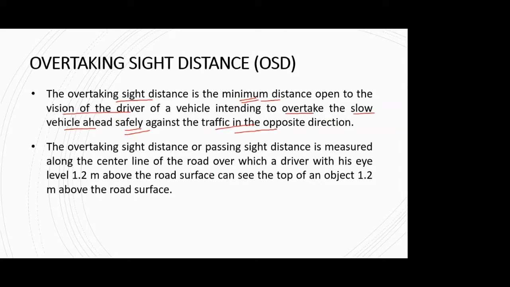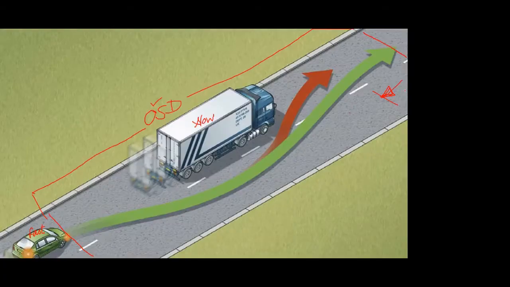Generally for OSD, we consider the eye level of the driver to be 1.2 meter above the road surface, and that of the object is also 1.2 meter. In this case, the object is the vehicle traveling from the opposite direction. So both objects are vehicles themselves, one in the up direction and another in the down direction.